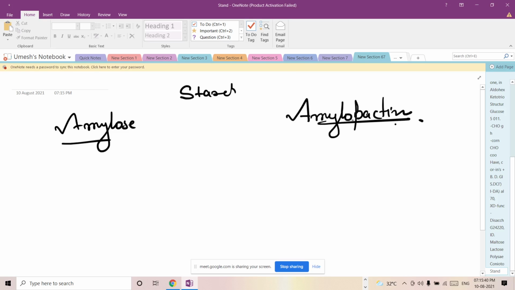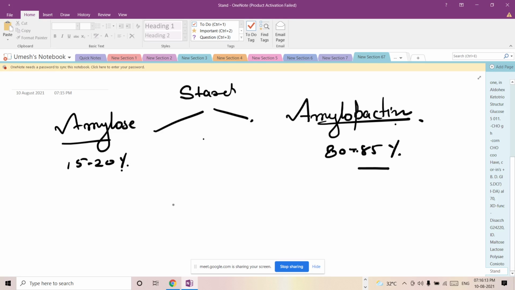Amylose and amylopectin: 15 to 20% amylose and 80 to 85% amylopectin. They form collectively the starch. It's a mixture of amylose and amylopectin.